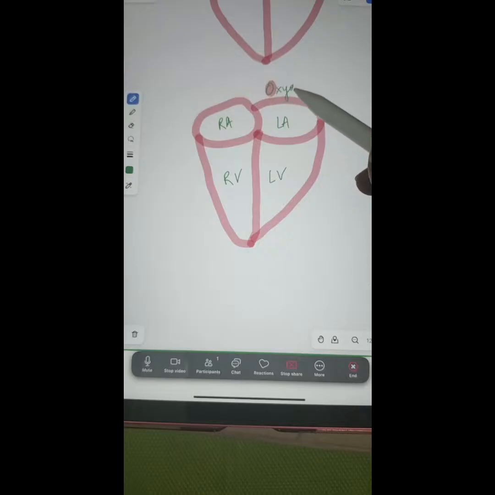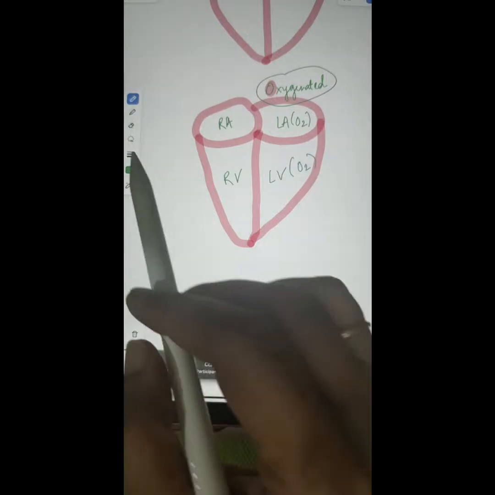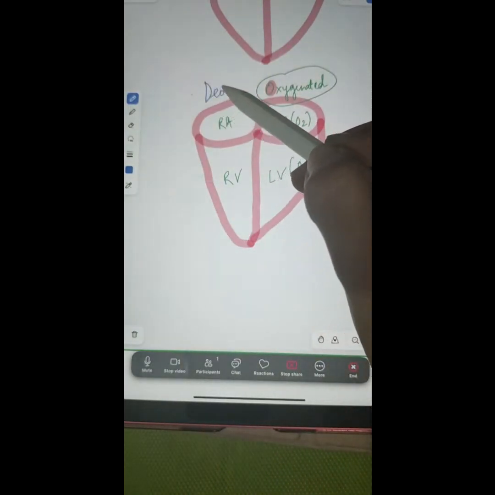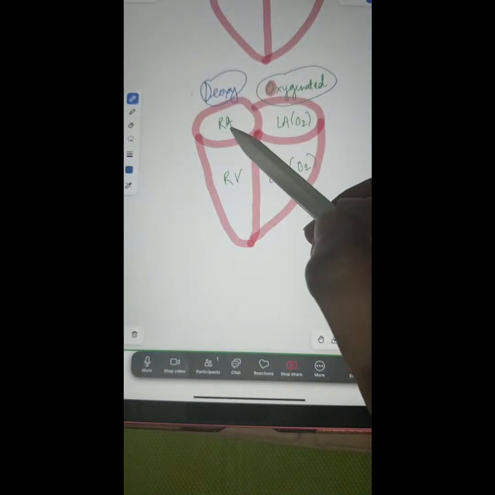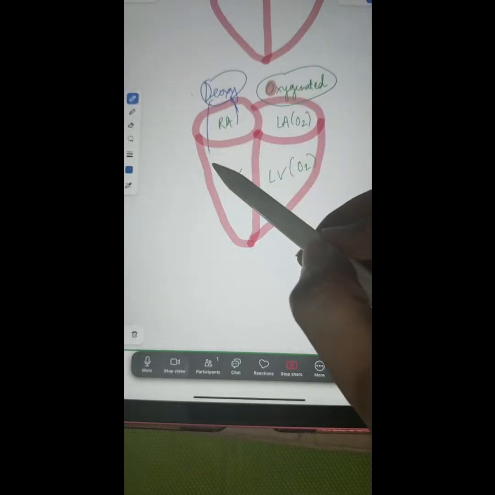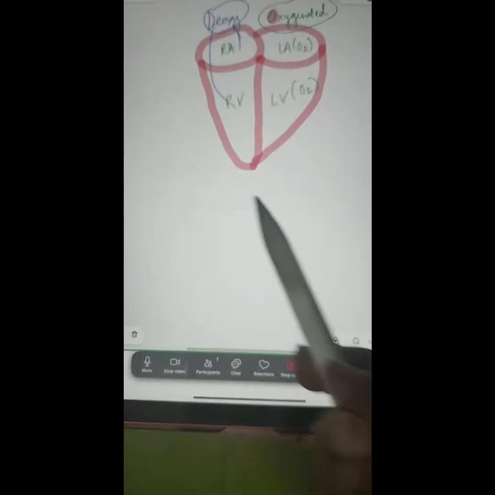So always oxygenated blood is there on the left side. That means this chamber, left auricle, will have oxygenated blood, and left ventricle will also have oxygenated blood. And deoxygenated blood would be there in the right side of the heart. So right auricle will have deoxygenated blood, and right ventricle will also have deoxygenated blood.